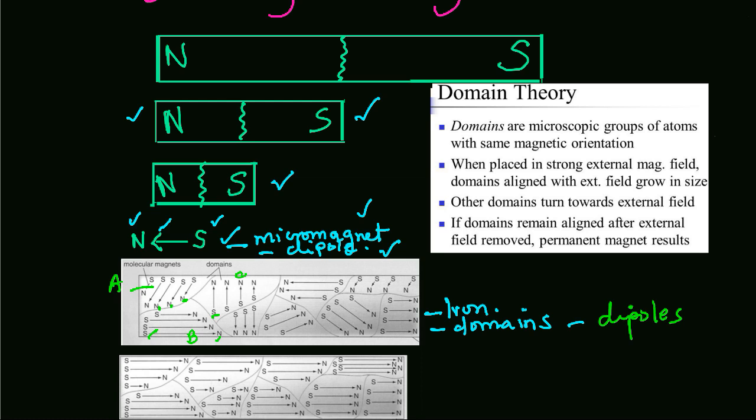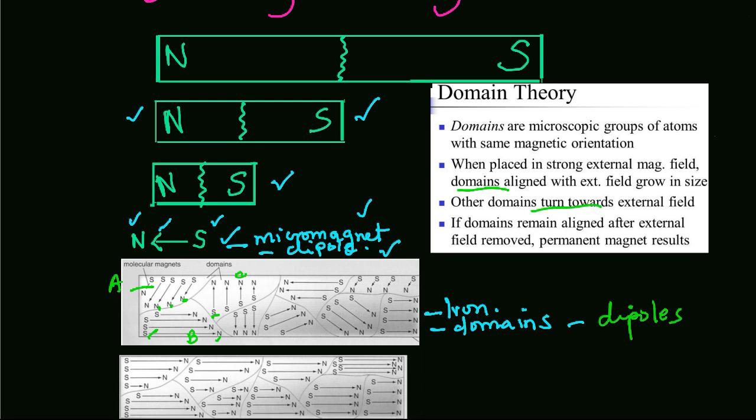So, according to domain theory, domains are microscopic groups of atoms with the same magnetic orientation. When placed in a strong external magnetic field, domains aligned with the external field grow in size.